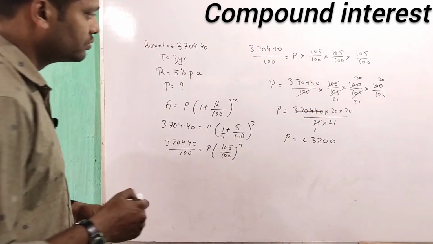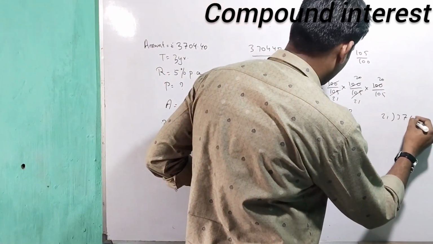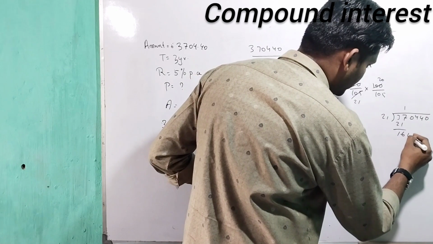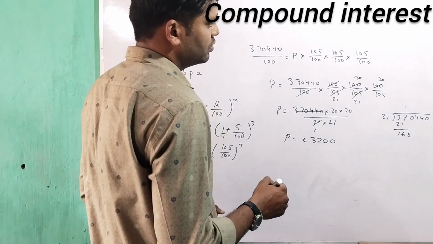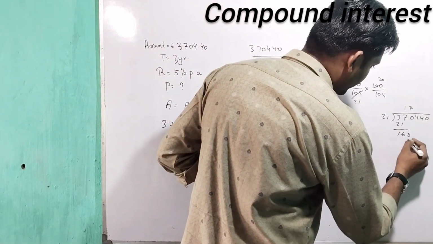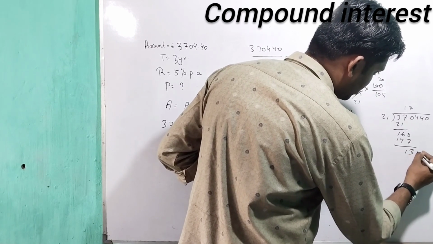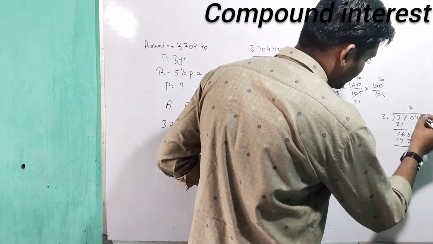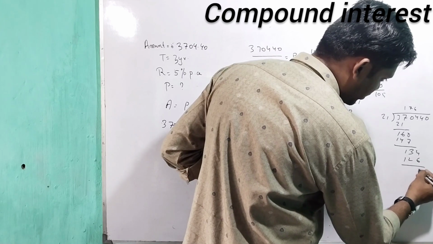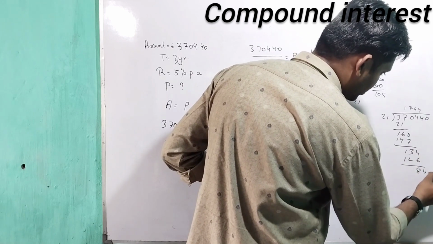It's like 21 into 370440. 21 times 1 is 21, here 16, 160, 21 times 6... 7 times 7, 7 times 1 is 7, 70, 14, next here 3, here 1, 134, same thing, 6 times 6 is 12, next 4, 4 times 8, 4, next 4 times 0, 0.